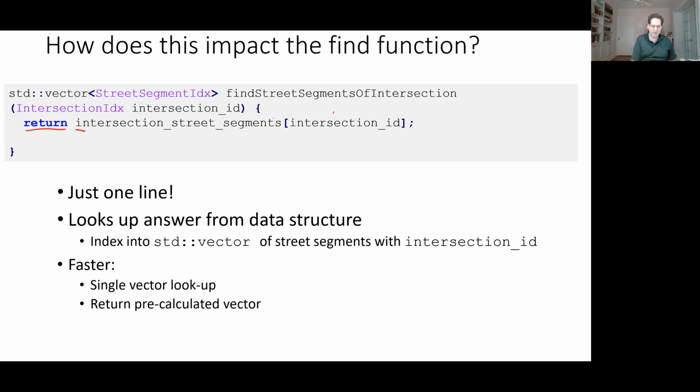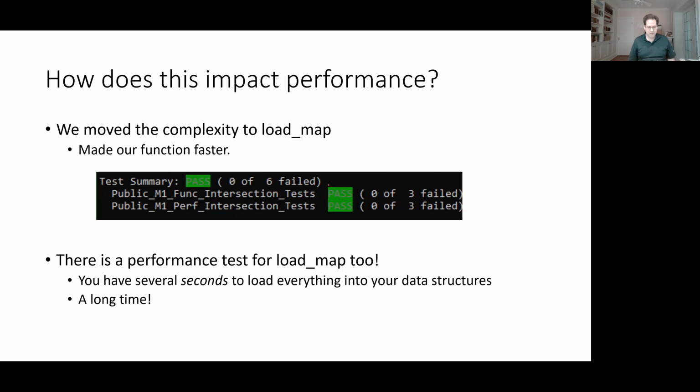So if you ask me about intersection number 300, which is passed in here, I just return entry 300 from my data structure, and that is a little vector with all the right street segments. So it's really fast. It hasn't changed the computational complexity, but it's reduced the constant, so it'll be faster. If we run the performance test again, we'll now see we passed.